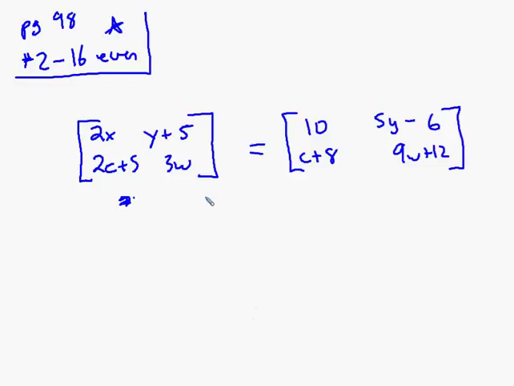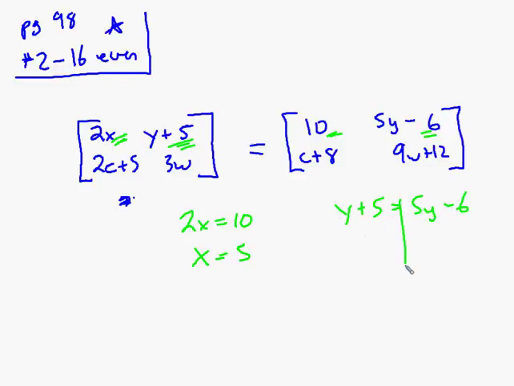Okay, so now I have a matrix, and I want to solve for all these variables. Well, this is in the same spot as this. So I'd say 2x equals 10. I'd solve that, x equals 5. These are in the same spot. So I'd say y plus 5 equals 5y minus 6. I might start by subtracting my y.